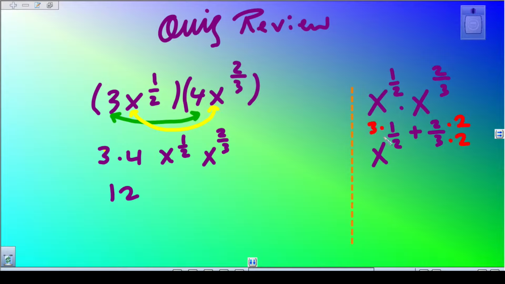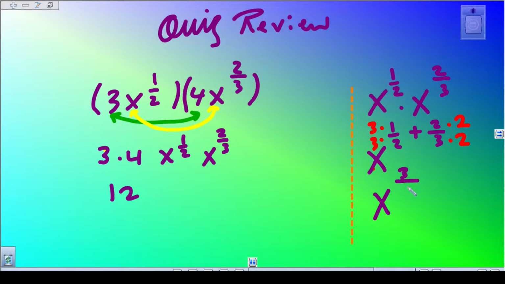3. Obviously, 3 to the top and 3 also to the bottom. So 3 times here, 3 also times that too. Now they are friends now and they can talk because they have the same denominator.